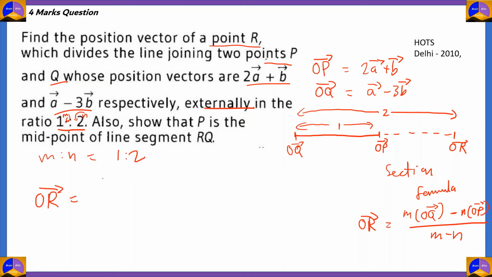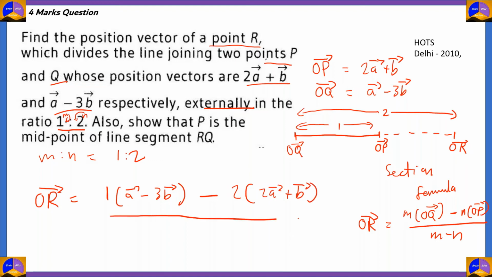So let's find the vector OR. Vector OR is M, which is 1, times vector OQ, which is vector A minus 3 vector B, minus N, which is 2, times vector OP, that is 2 vector A plus vector B, divided by M minus N, so that is 1 minus 2.